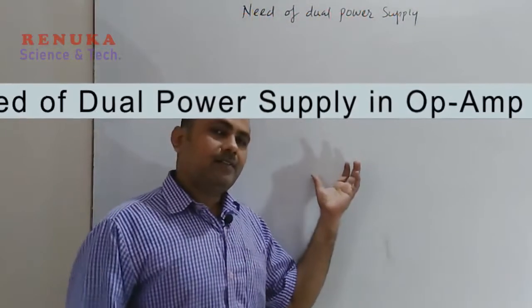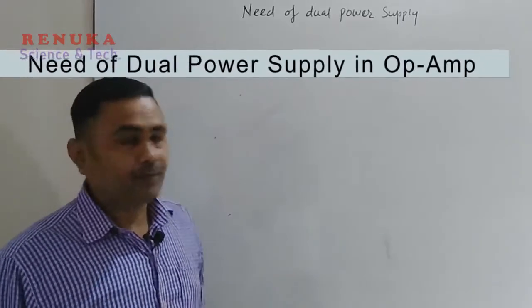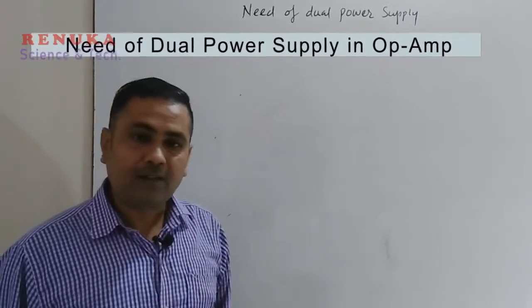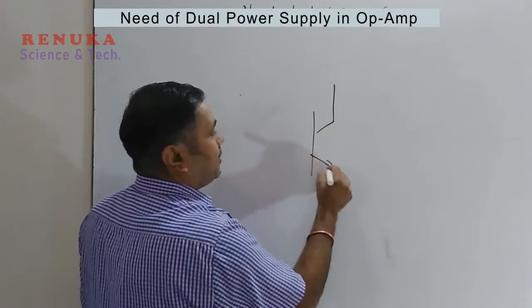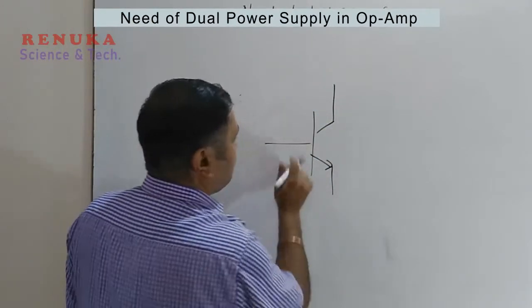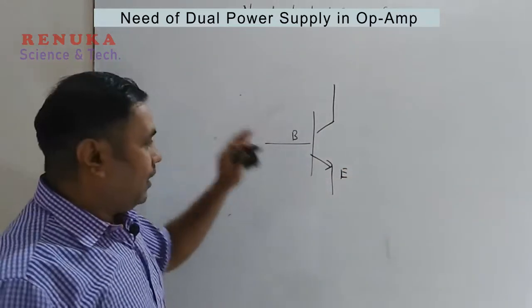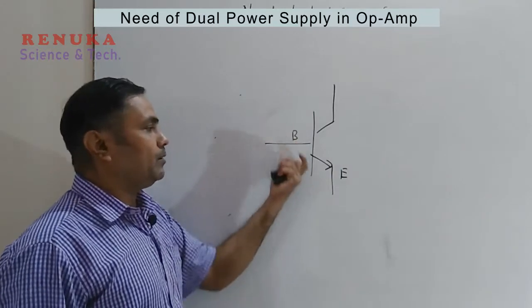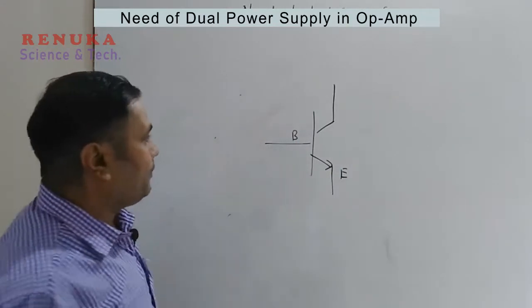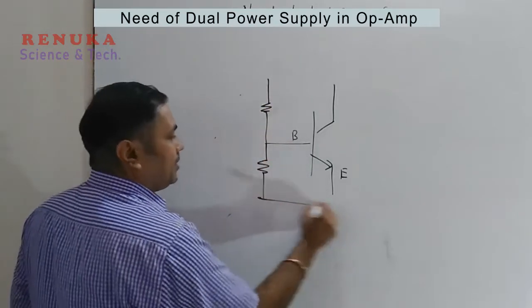We have already discussed that the operational amplifier, or the differential amplifier, requires dual power supply. But what is the need of this dual power supply? Let us see. In a normal amplifier, if a transistor is used, this transistor's base to emitter, that is the input side, must be biased, and this biasing can be done by providing some voltage between base and emitter. Generally, voltage divider biasing is used to provide the biasing conditions.